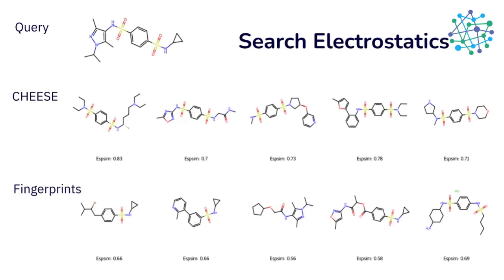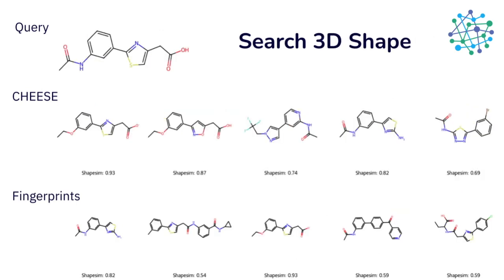It is quite obvious in this case why the scores are higher. It's because the sulfonamides are preserved in the case of CHEESE, whereas fingerprints sometimes preserve only one or none, and it's of course an electrostatically significant group. So this is what causes the difference.